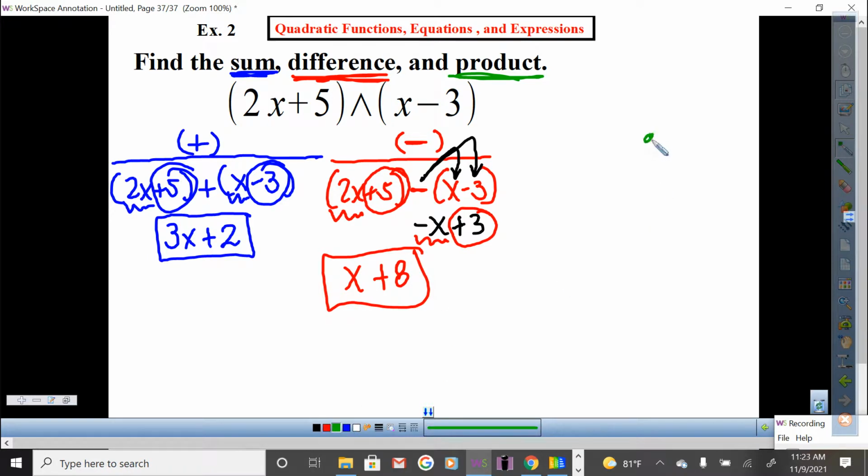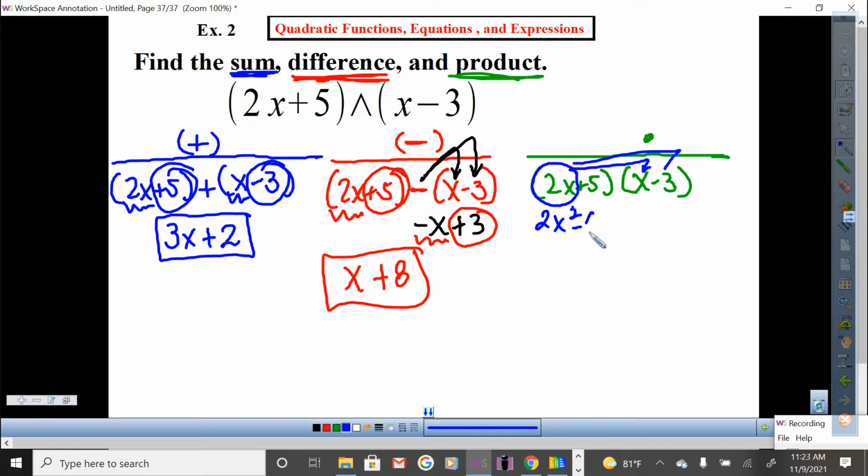Go to product. We have 2x plus 5 times x minus 3. Alright, what method do you want to use? Vertical, area model, distributive property? Distributive property, alright. I'm going to start with my first term. 2x times x, that's 2x squared. 2x times negative 3, that's negative 6x.